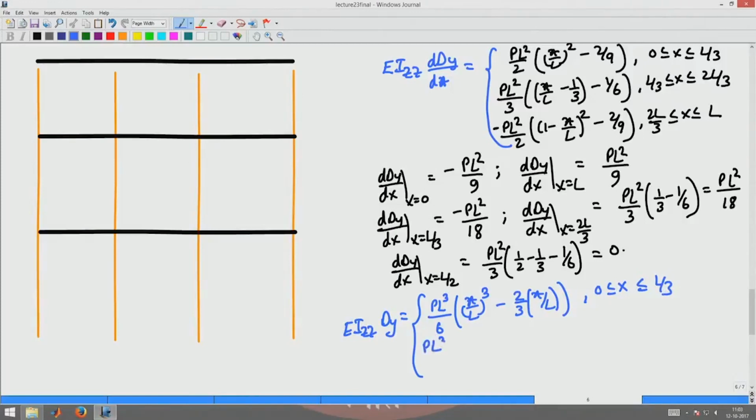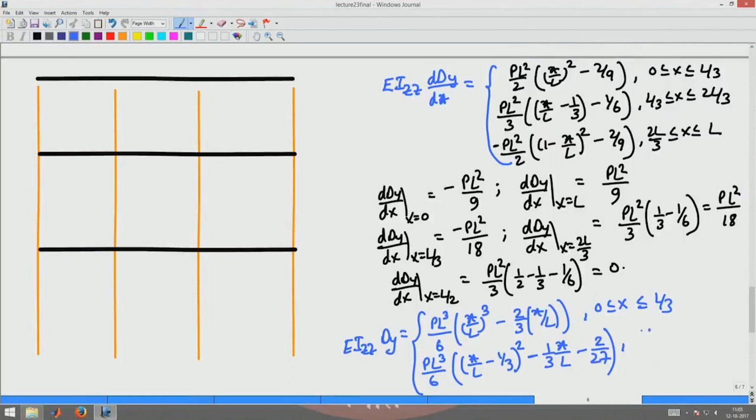Then PL cube by 6 into (x by L minus 1 by 3) the whole square minus 1 by 3 into (x by L) minus 2 by 27. Okay. This is for L by 3 less than x less than or equal to 2L by 3.